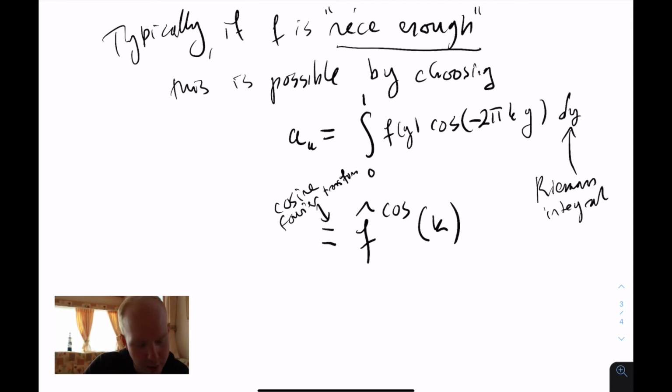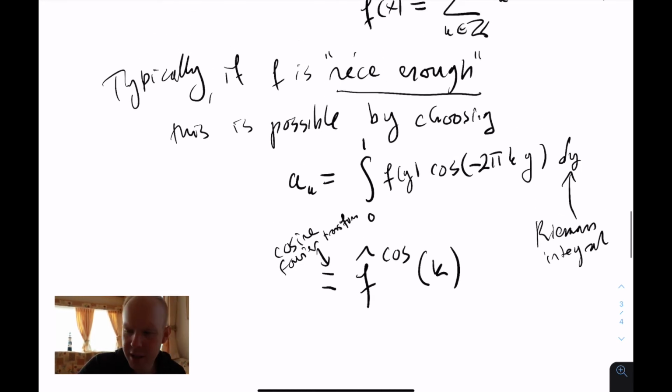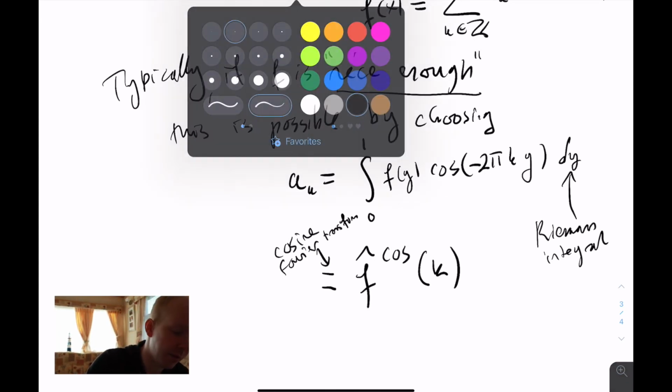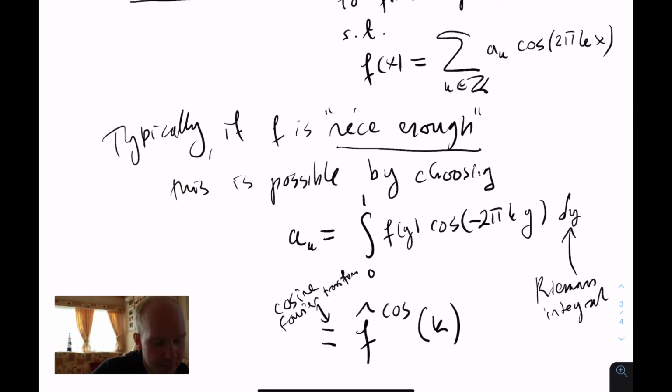So when you have a nice enough function, you might be able to choose the coefficients in this way. But it turns out that in more theoretical analysis, using the cosine everywhere makes it slightly more technical, and there will also be some issues with certain types of functions with very exotic properties.